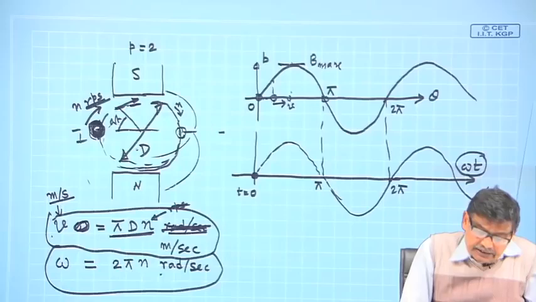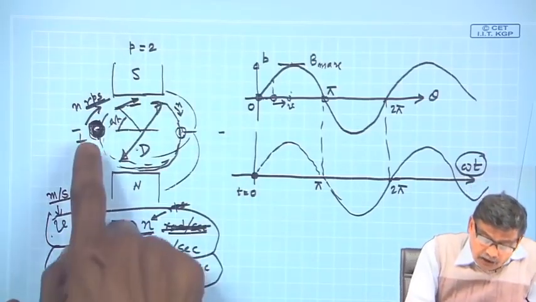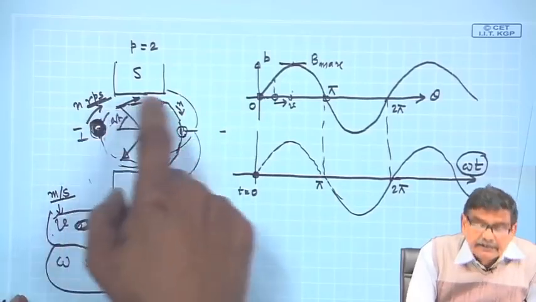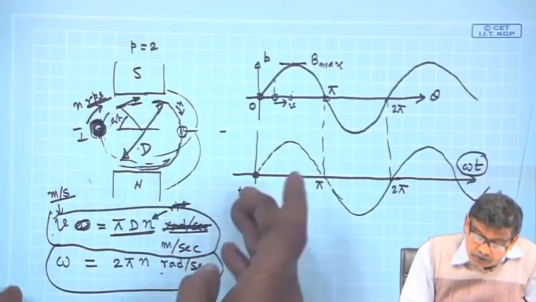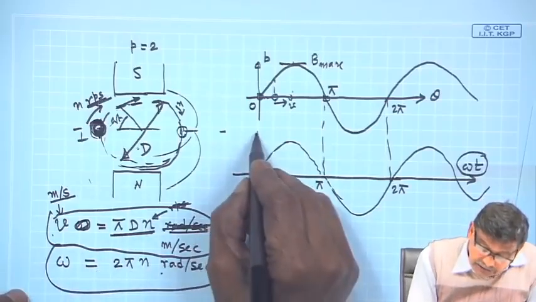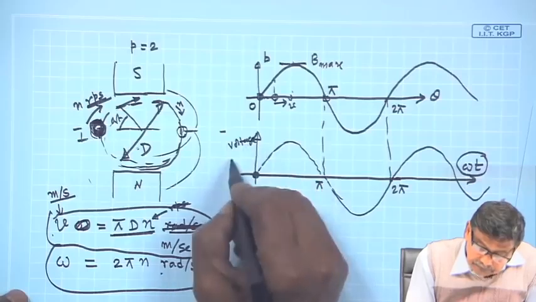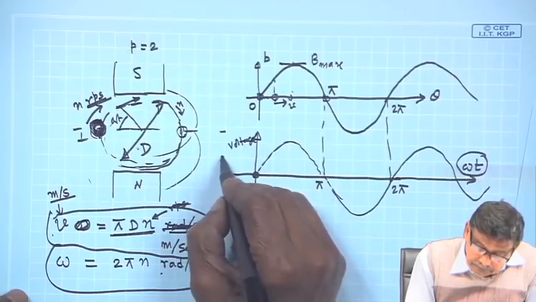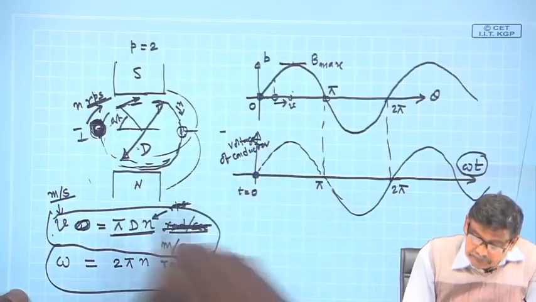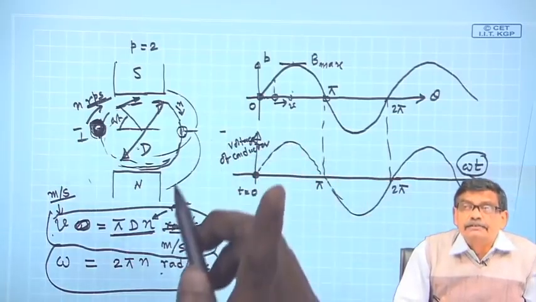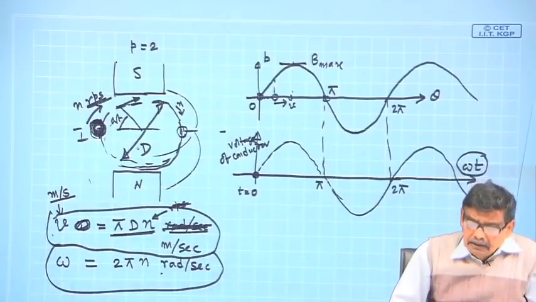The conclusion is, in a two pole machine like this, when the coil makes a 360-degree rotation, your output induced voltage, this axis being voltage in the conductor, will also make a complete cycle, and that repeats.